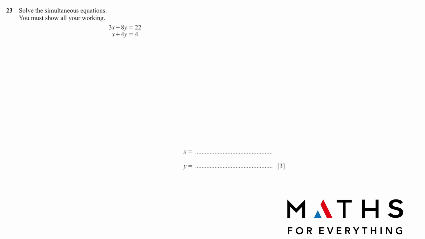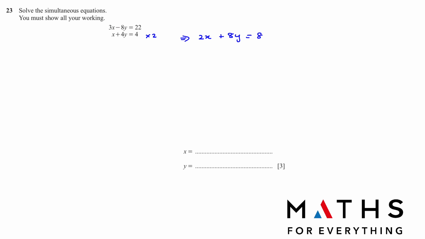Always, I prefer to choose the one where the signs are different. We just have to add then. If I want to make 4y the same as 8y, I have to multiply everything by 2. This will give me 2x plus 8y is equal to 8.